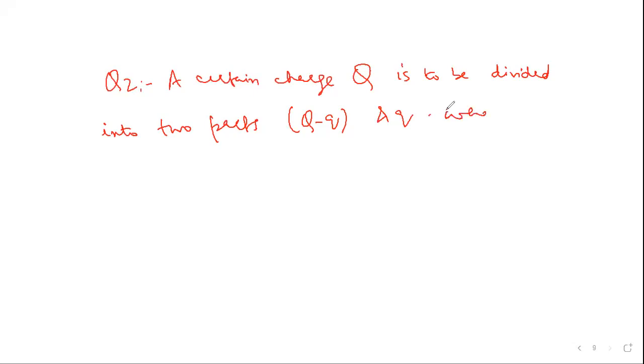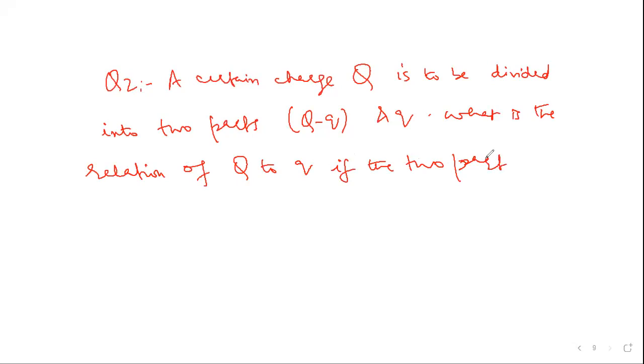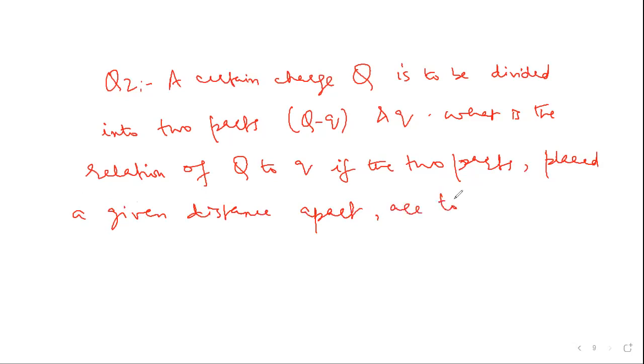What is the relation of capital Q to small q if the two parts placed a given distance apart are to have a maximum Coulomb repulsion?